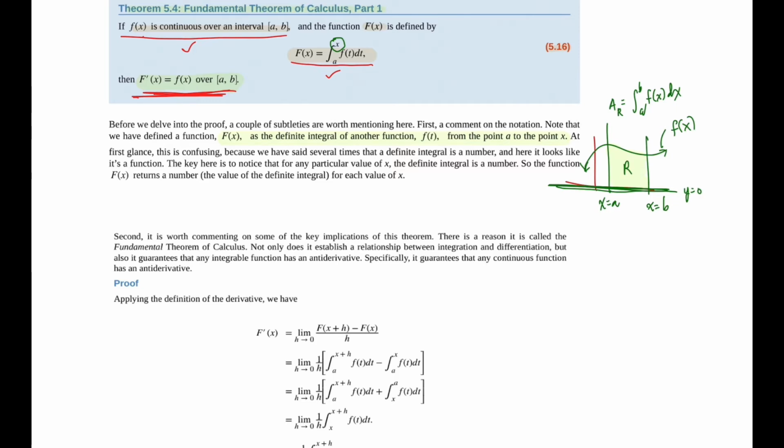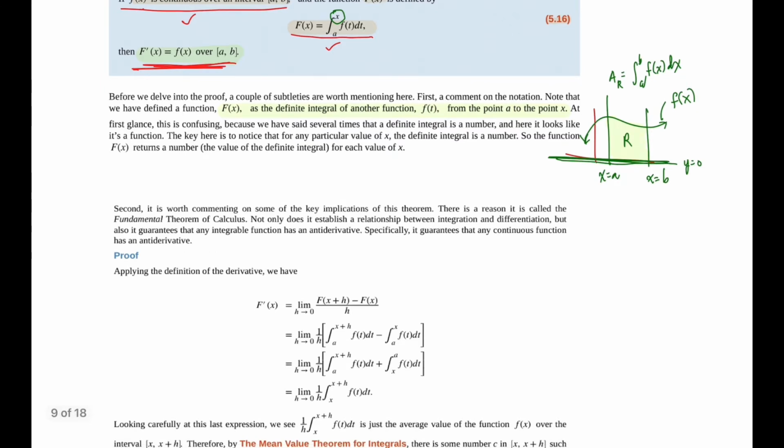Now, second, it's worth commenting on the implications of this theorem. There is a reason why it is called the fundamental theorem of calculus.